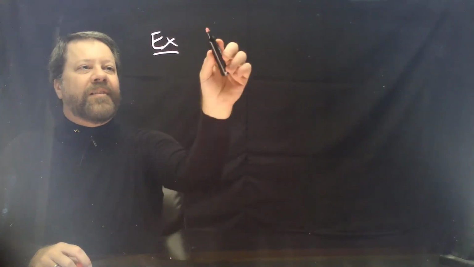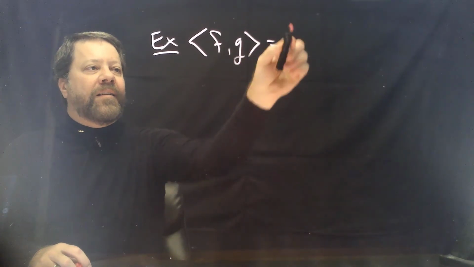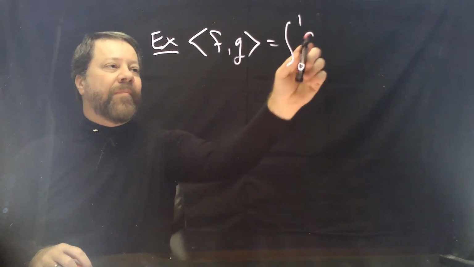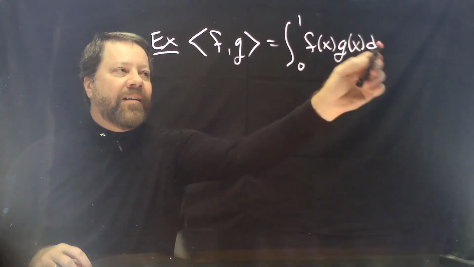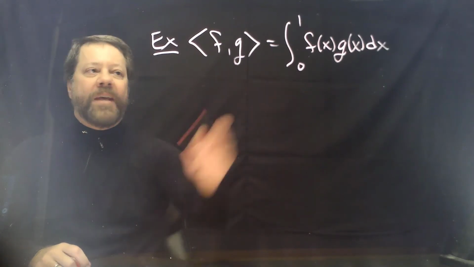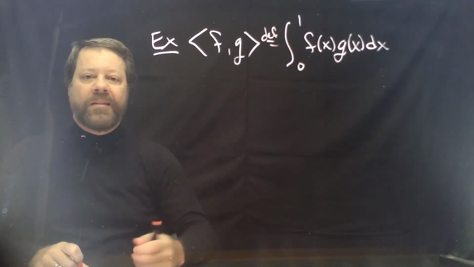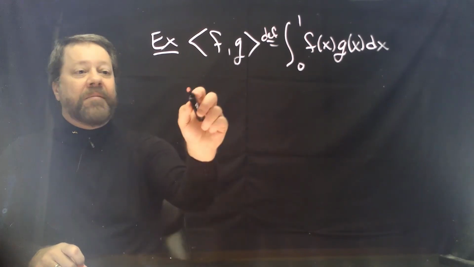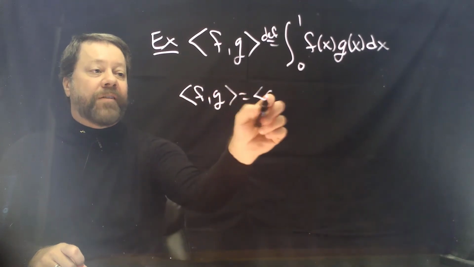Another example: suppose I'm taking two functions, f of x and g of x. An inner product may be defined by the integral from 0 to 1 of f of x times g of x. You can see clearly the inner product of f and g is the inner product of g and f.